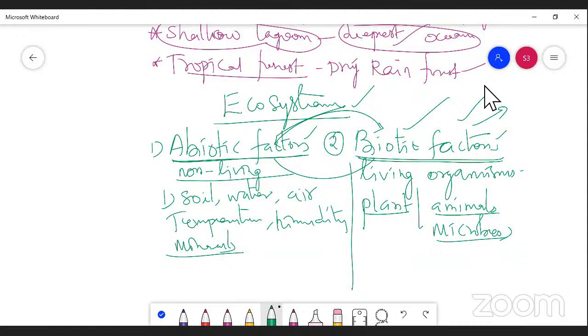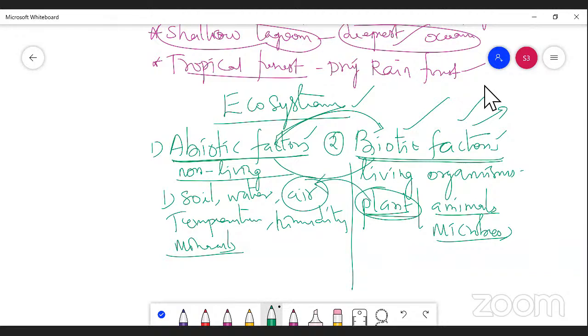For example, take a plant. The plant does respiration. They take two gases, oxygen and carbon dioxide, which are part of the abiotic factors. So the plant life cycle totally depends on the abiotic factors.